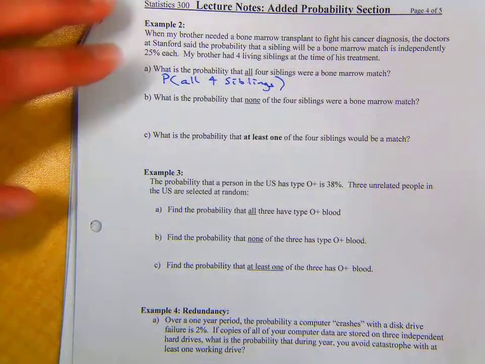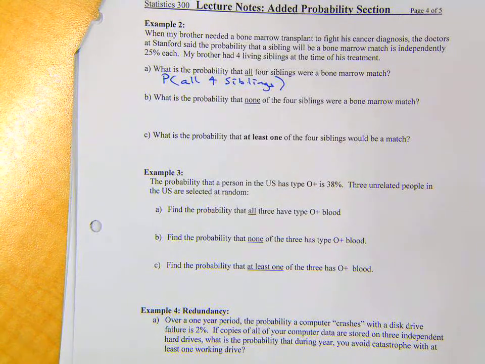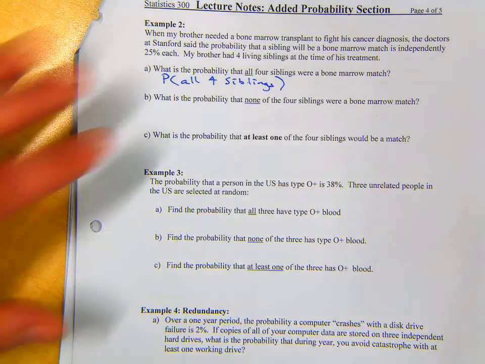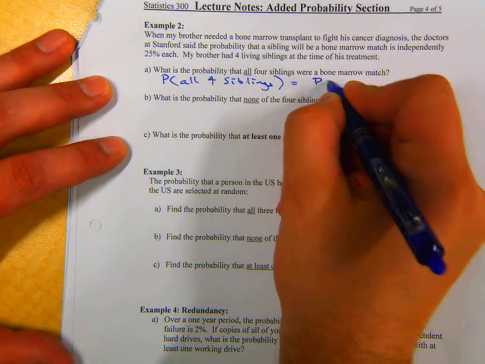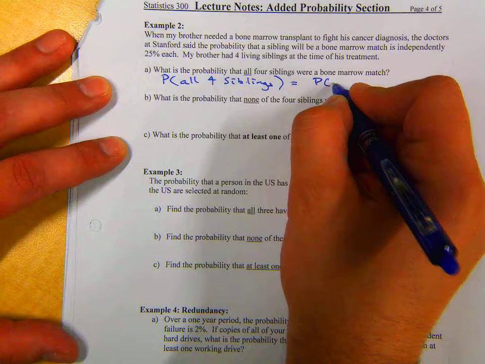It is an and statement, just to make that clear. All 4 siblings have to be a bone marrow match to fit this scenario that I want.